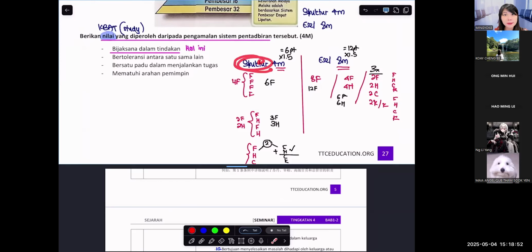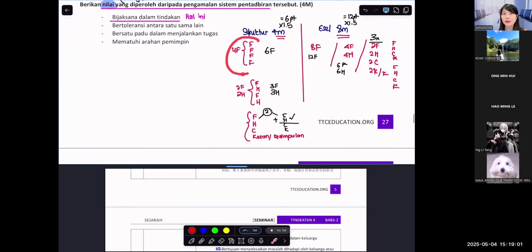Example, the first one is for structure, if they give you 4 marks, I already say times 1.5, you give 6 points. So usually, generally speaking, if KBAT in structure, just 4 fakta can already. Example, bijaksana dalam tindakan, bertoleransi antara satu sama lain, bersatu padu, mematuhi arahan. 4 fakta.